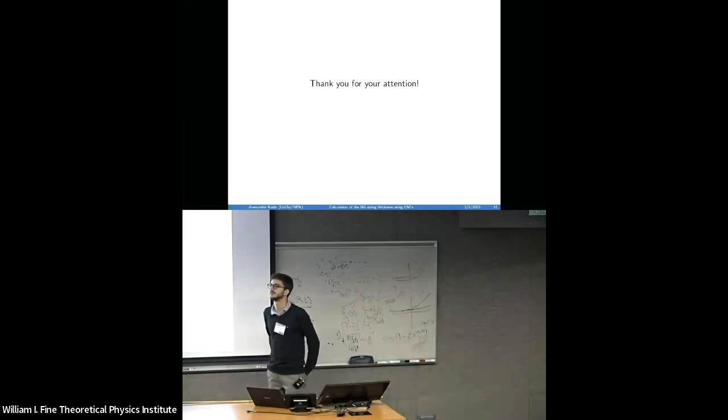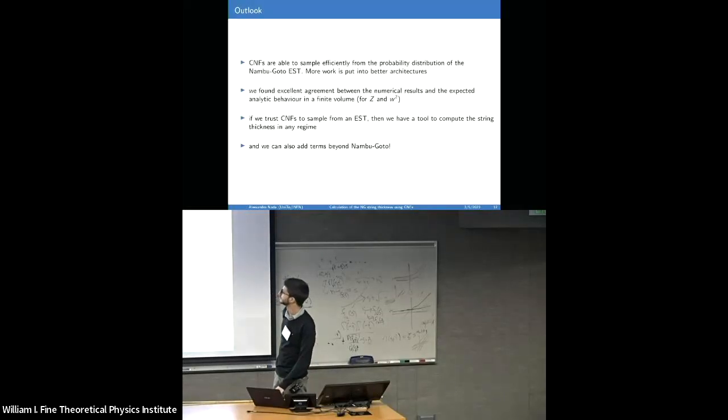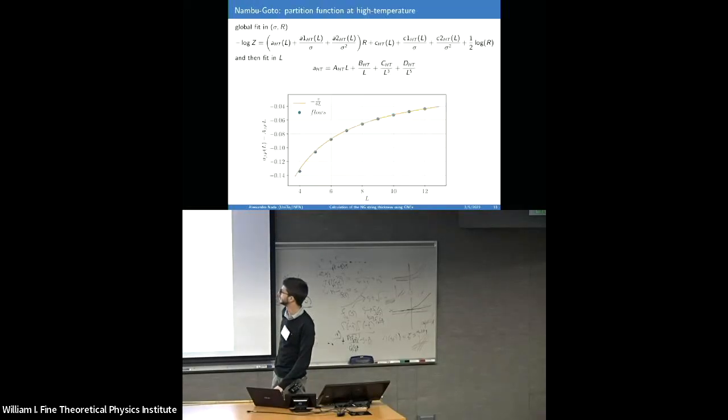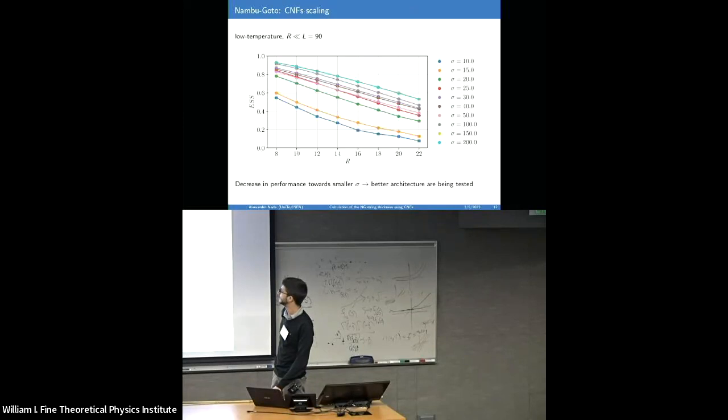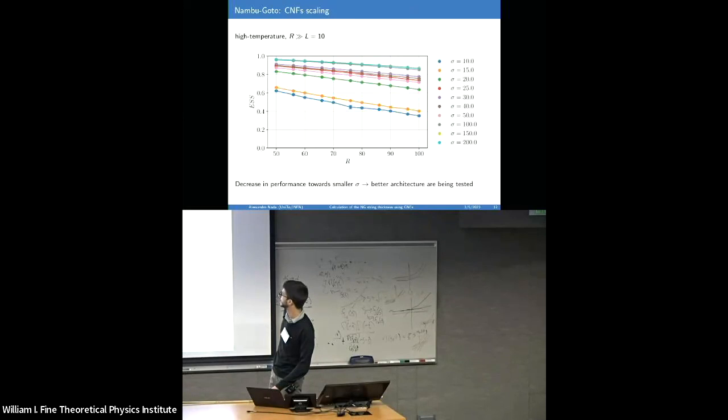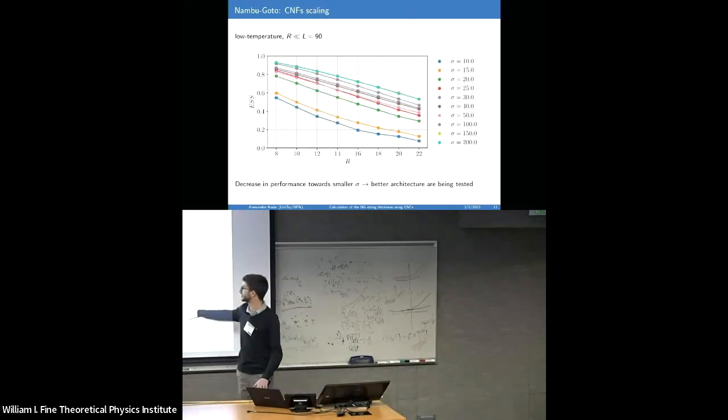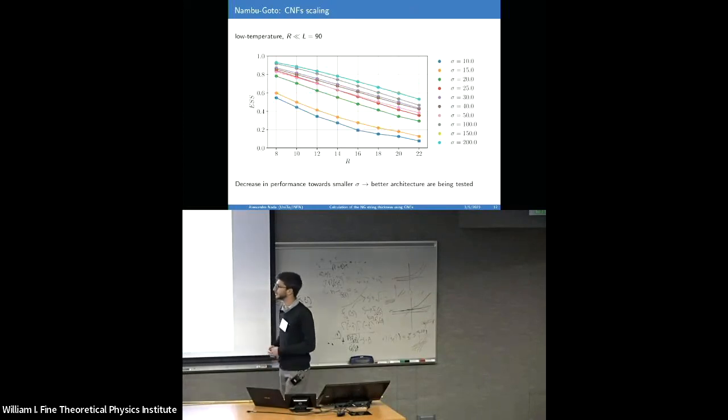For the low temperature, I'm not completely sure why it works worse. It might depend just on the fact that the volumes are larger. And lower string tension means we are getting closer and closer to a critical point, and this becomes more and more complicated for the neural networks to understand what is going on.